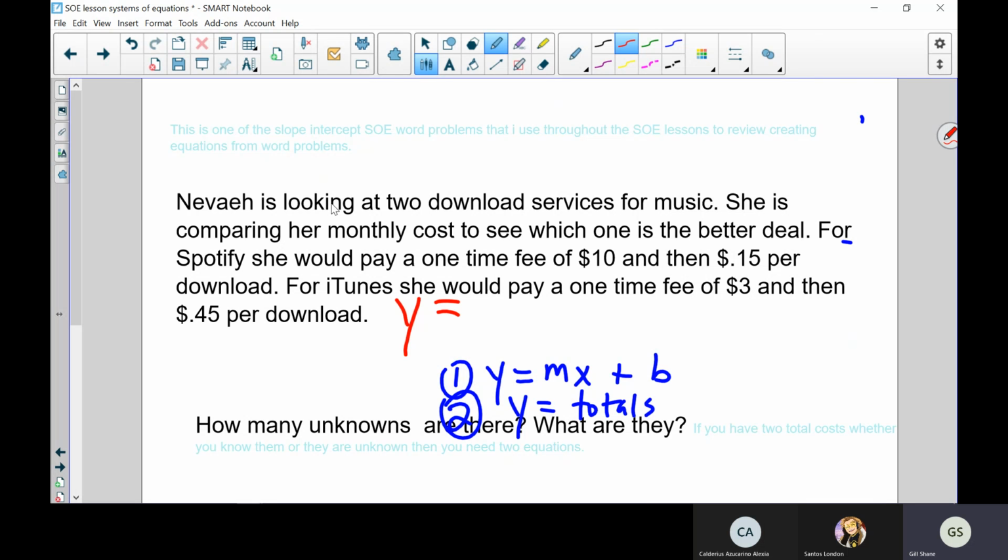What's another thing that better be true when we create this equation? Another thing that's really simple to get some points. What's true about the numbers in this word problem? Before I worry about where they go, I'm just going to tell you. What are the 10 and the 15 cents about?